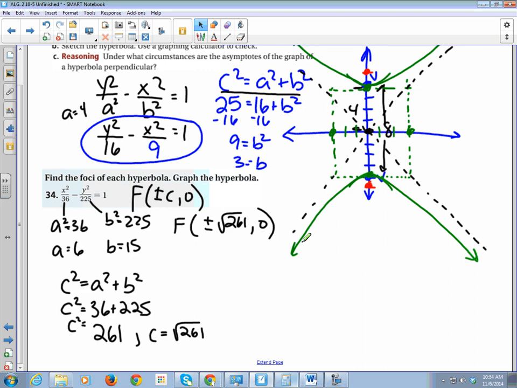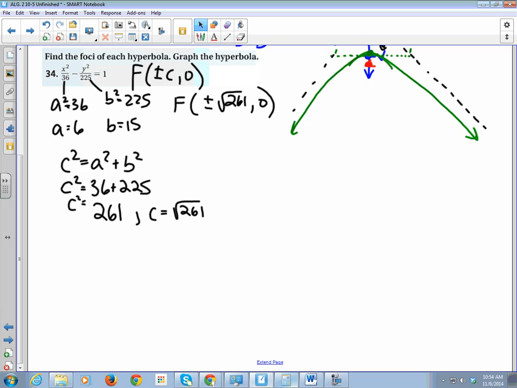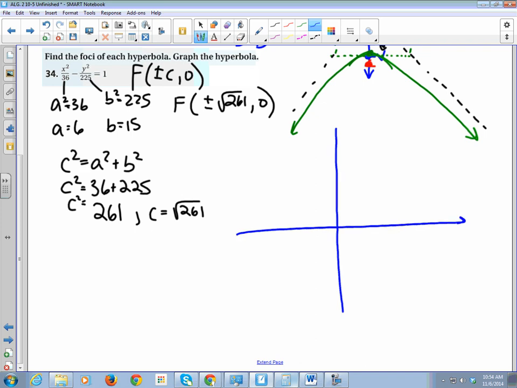And now let's graph it. So I'm looking, my a is on the x-axis and my b is on the y, so I'm going to need 15 here. I know it's fascinating to watch me graph.